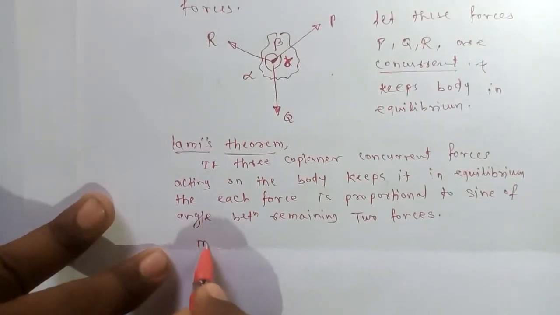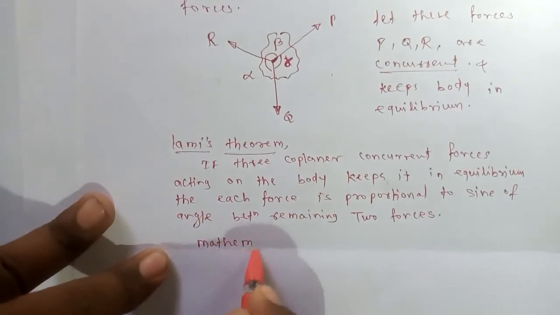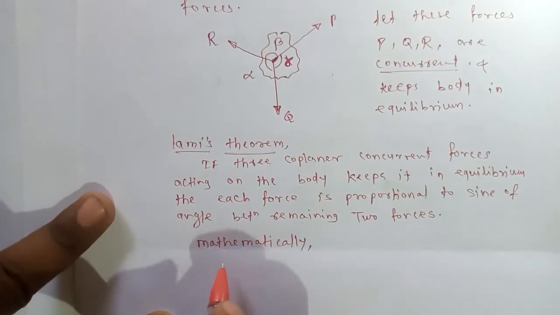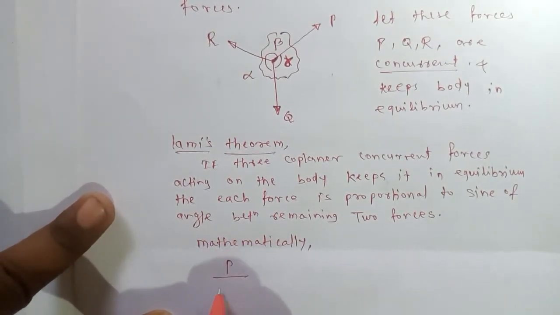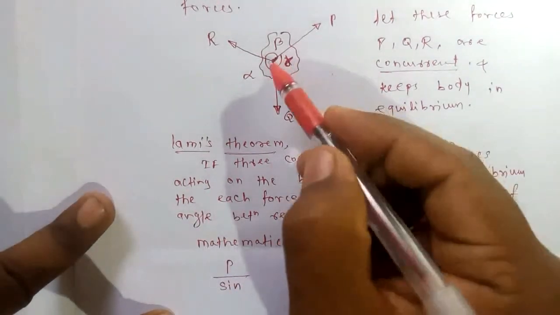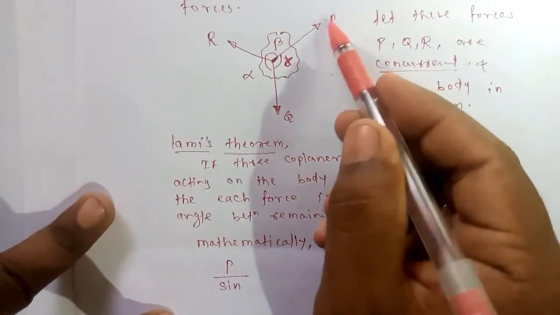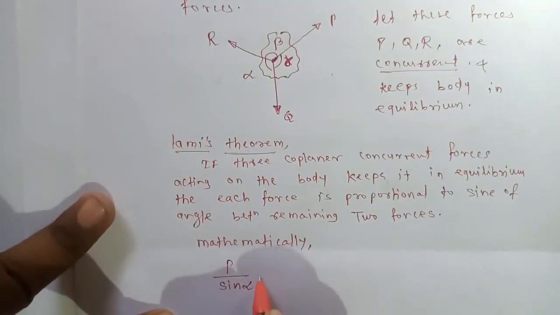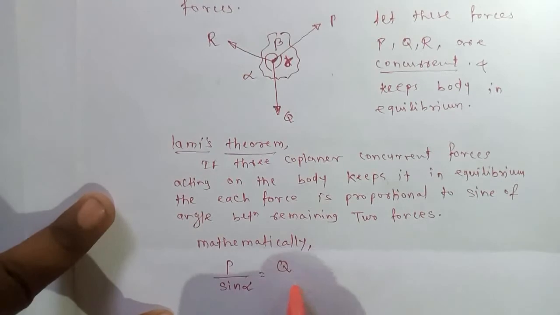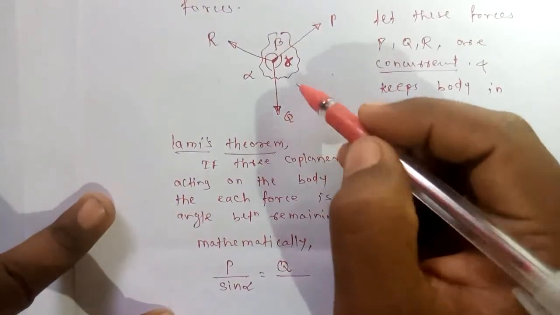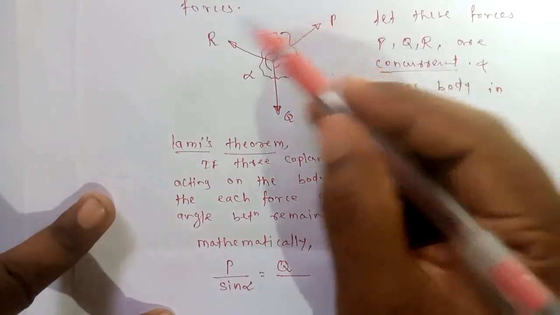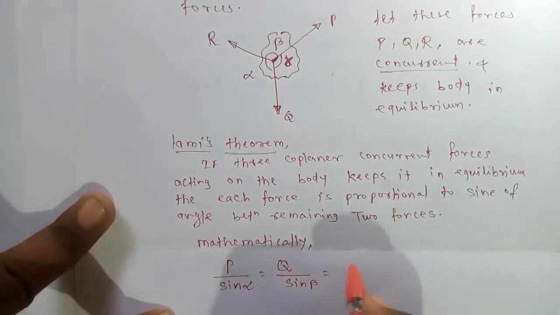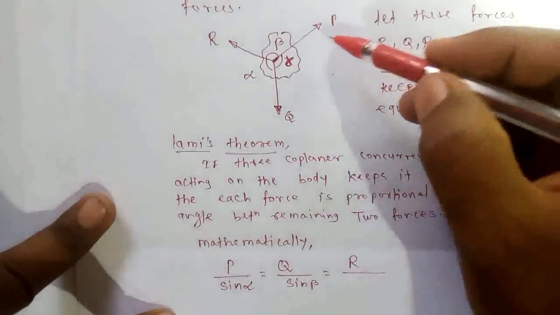So mathematically we can write here P divided by sine of angle between remaining two. If we consider force P, the angle between the remaining two, that is R and Q, is alpha. So P upon sine alpha is equal to Q upon sine beta, because for Q the angle between the remaining two forces, P and R, is beta. Equals R upon, again, the angle between the remaining two.